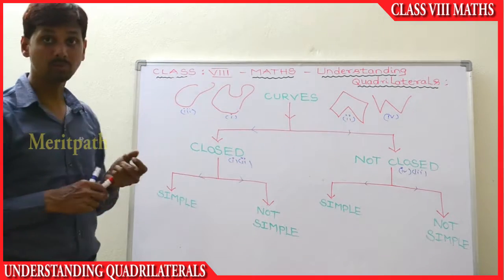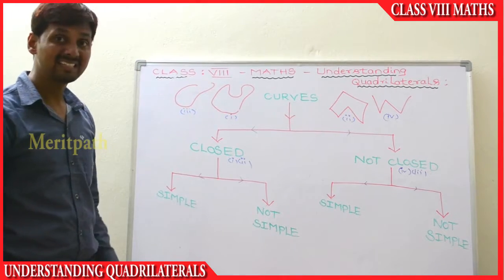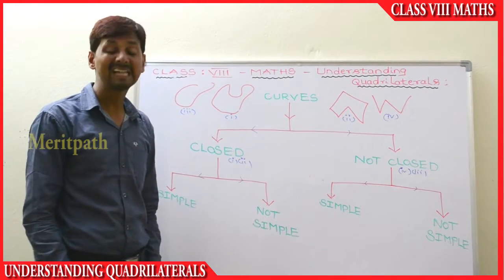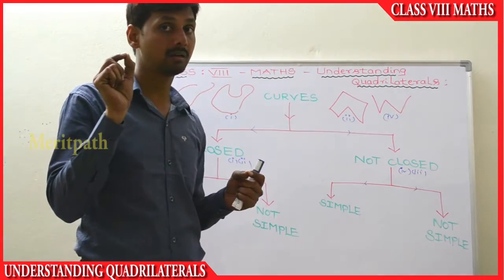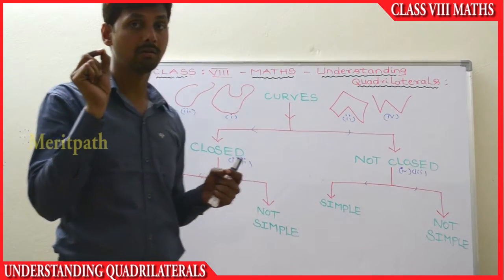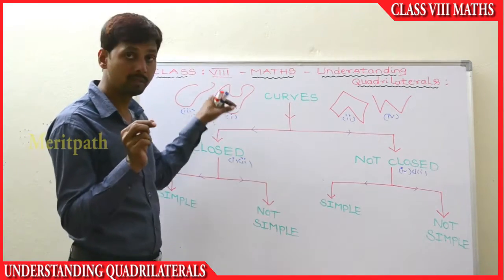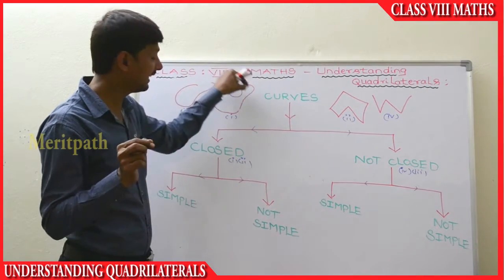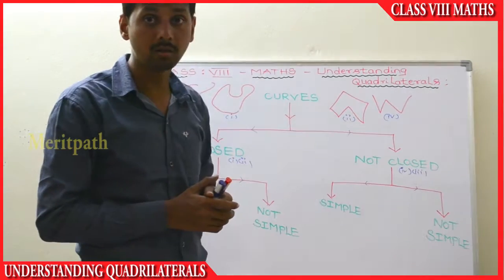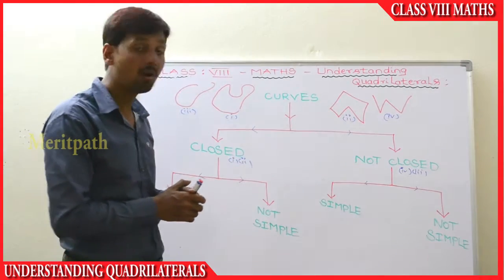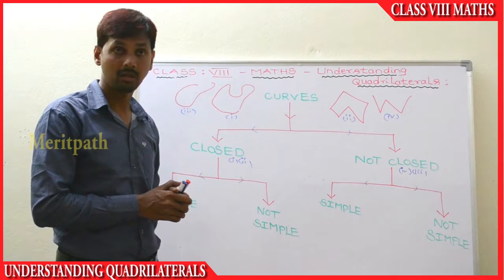And coming to the next one, simple and not simple. Simple is nothing but when we take a pencil or a pen, start at a starting point, and join it with the initial point without touching the same line we have drawn. We call it a simple curve.